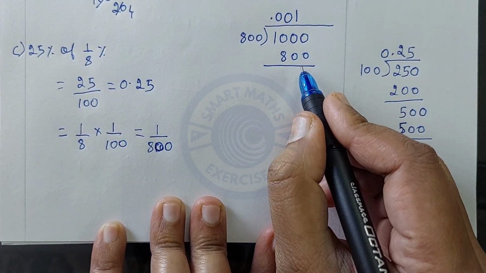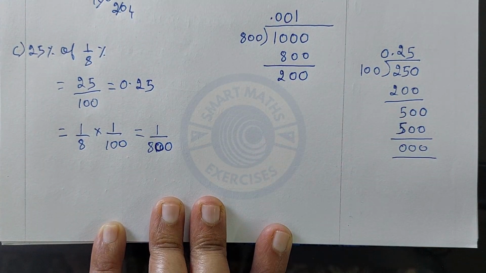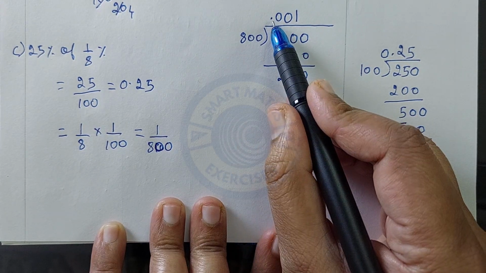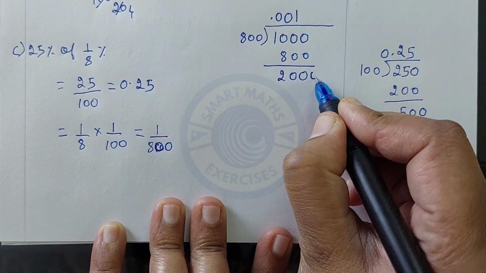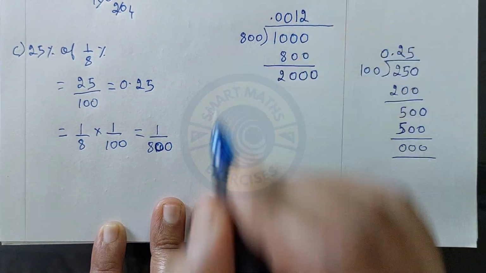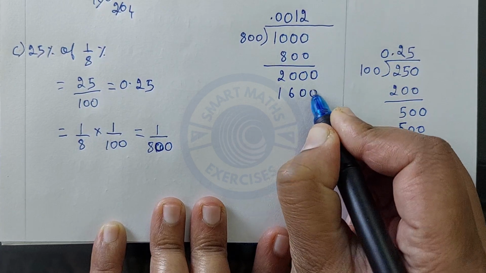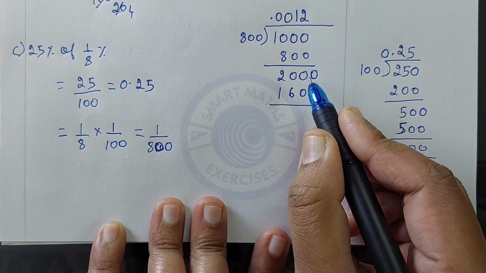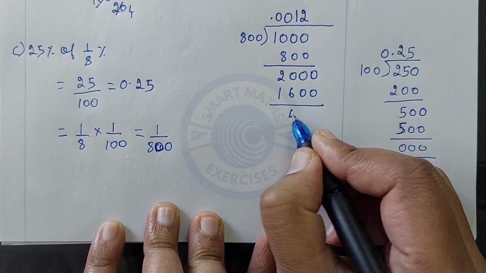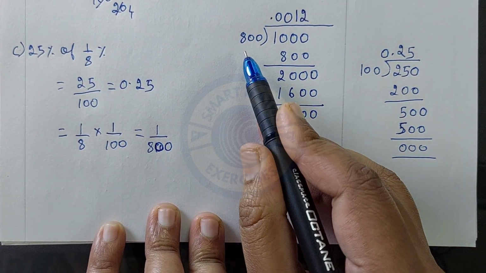1000 minus 800 is 200. Now 200 is less than 800. We already have a decimal point here. We add a 0. 800 twos are 1600. Subtract 2000 minus 1600. You get 400. 400 is less than 800.